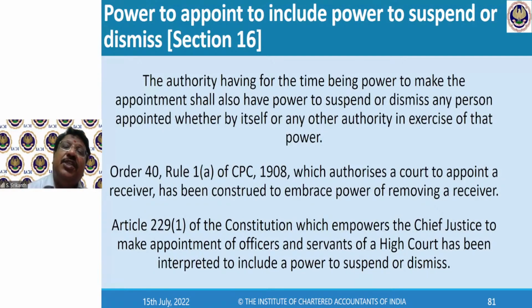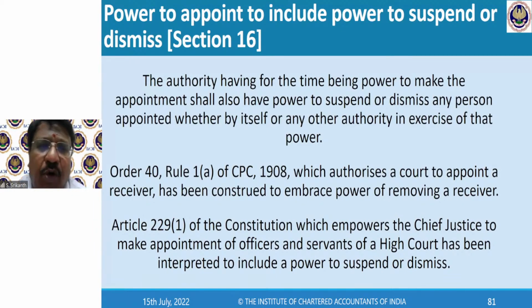Suppose the section does not talk about suspension or dismissal, you can take reliance on section 16 and say, look here, even though there is no power to suspend or dismiss, since this authority has the power to appoint, this authority has also got the right to suspend and dismiss.